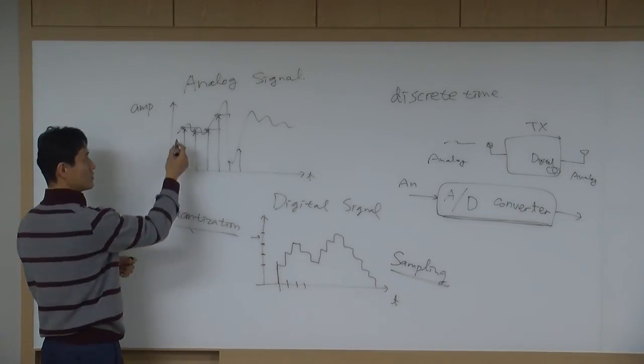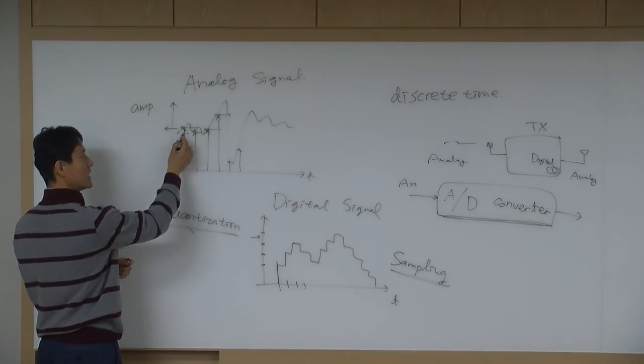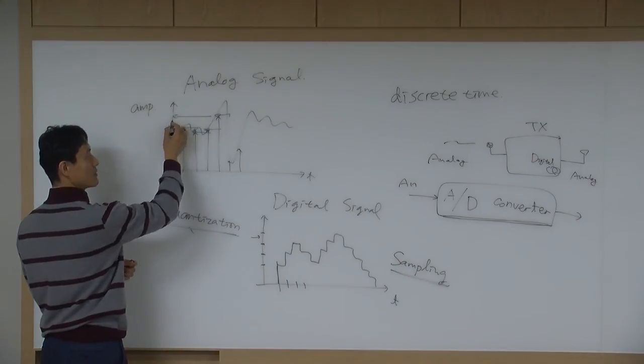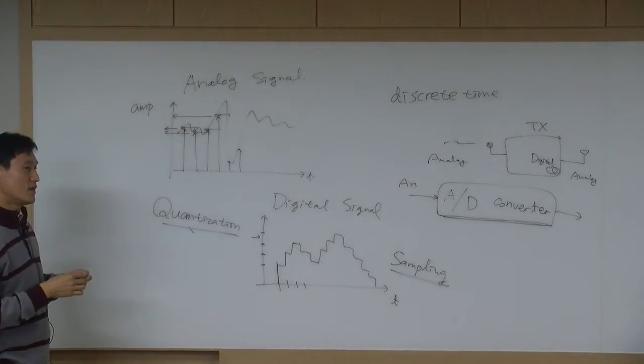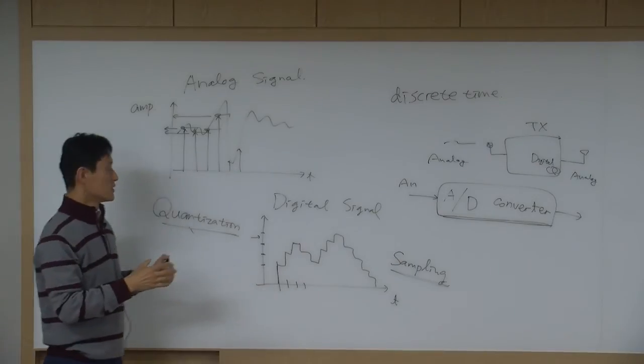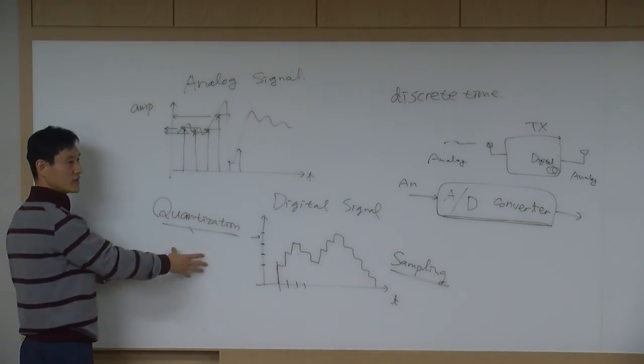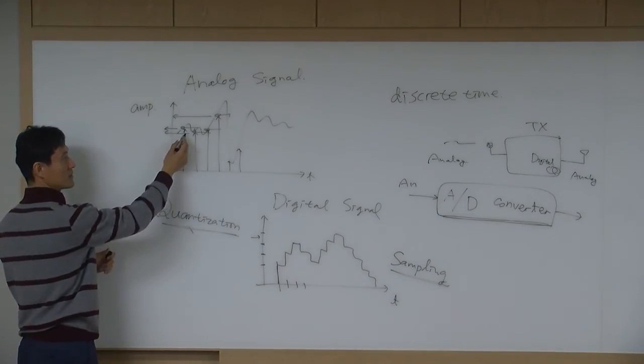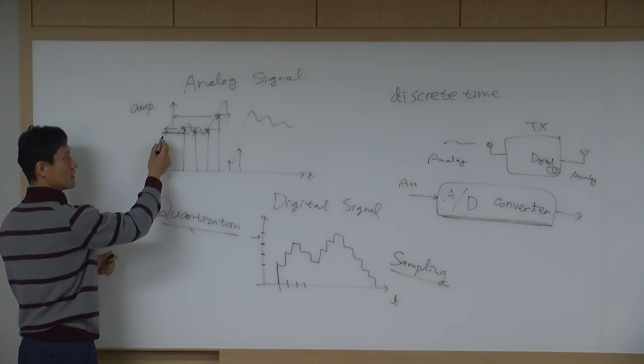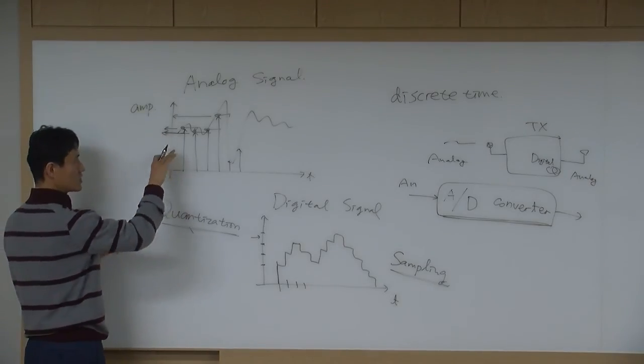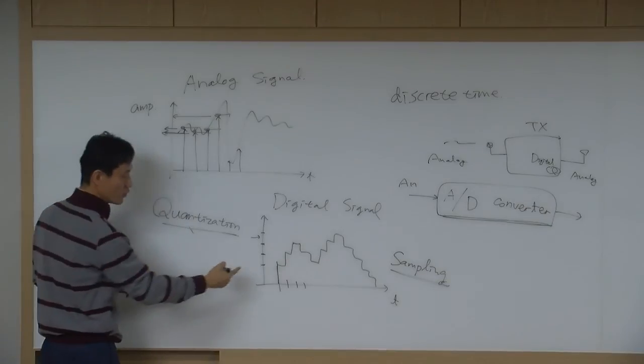But once you just do sampling, this value can be anything, right? But that's not allowed in a digital signal. So that's why you also need to do quantization. If your value is something like this, then you are going to change this value into one of these.